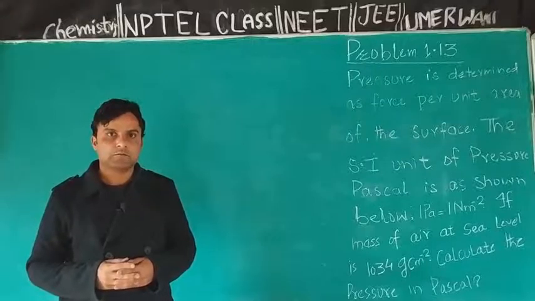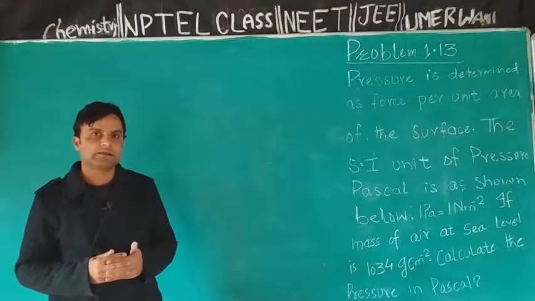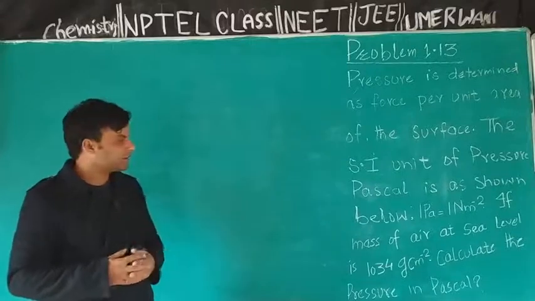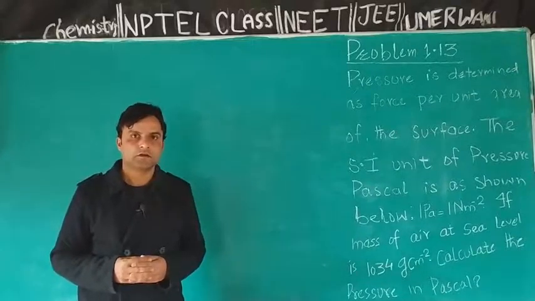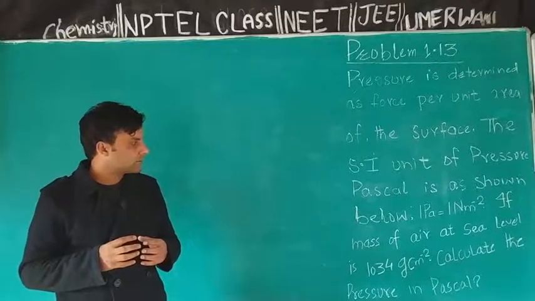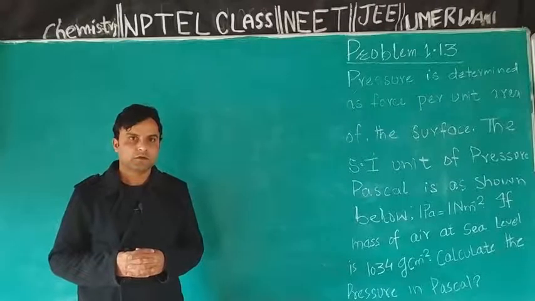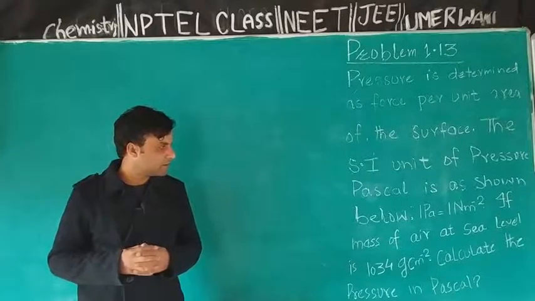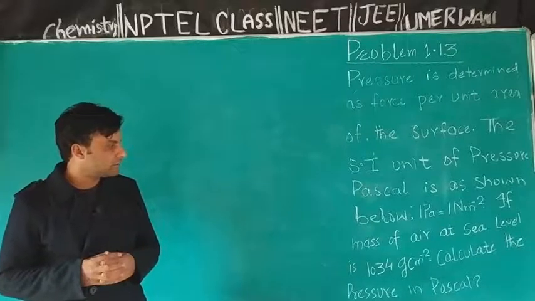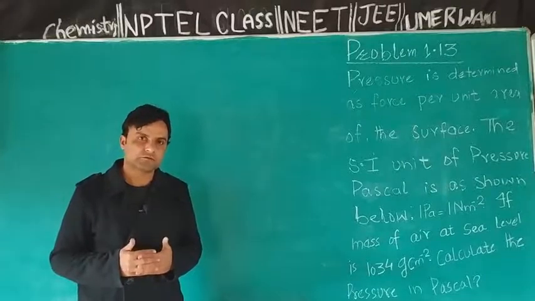Here I am, the chemistry detective, with the solution of one new chemistry class 11th NCERT problem. Our today's problem is: calculate the pressure at sea level if the mass of air at sea level is 1034 gram per centimeter square.